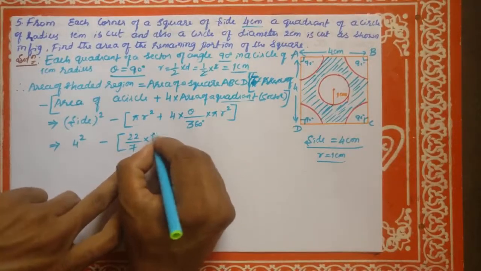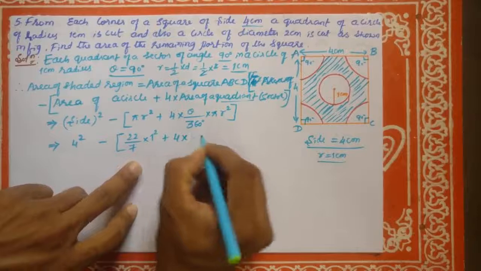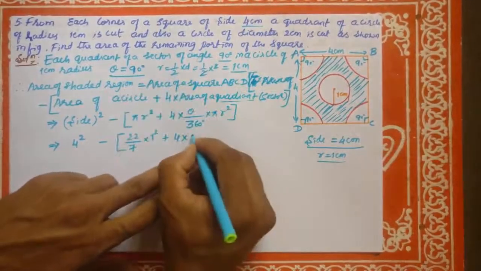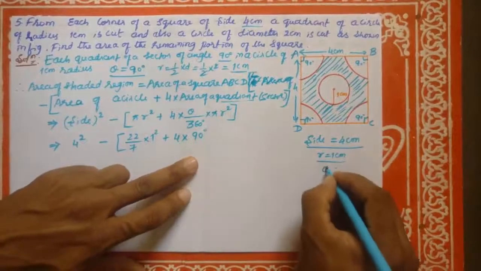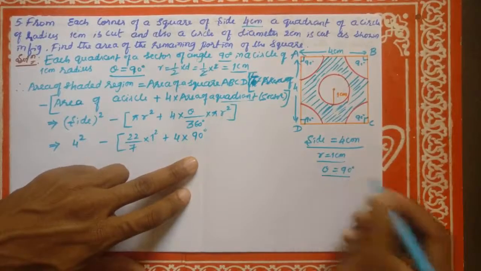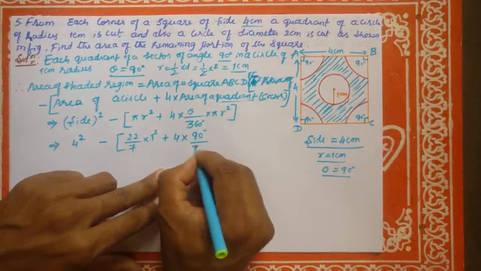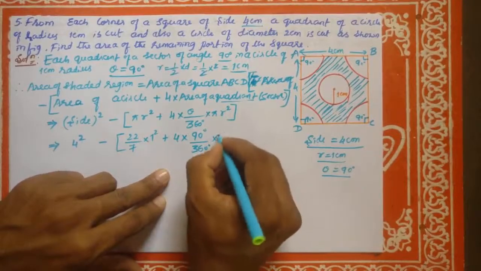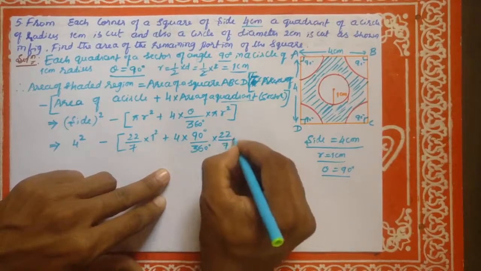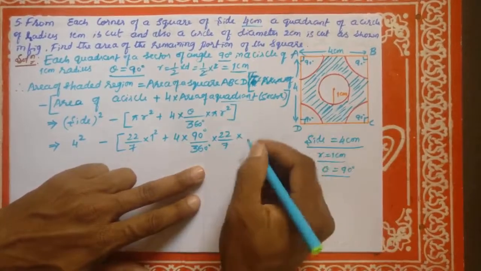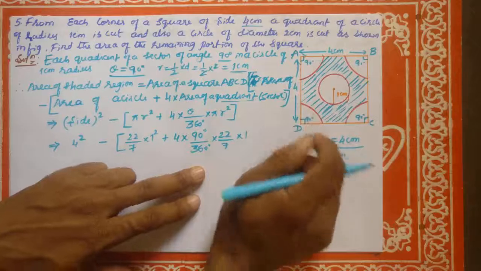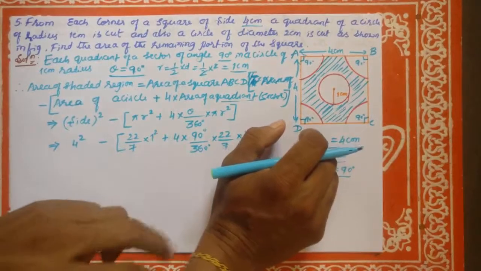Plus 4 into theta, which is 90 degrees, divided by 360, into 22 divided by 7 into radius square, the same 1 centimeter radius.